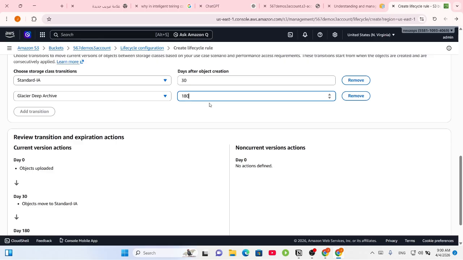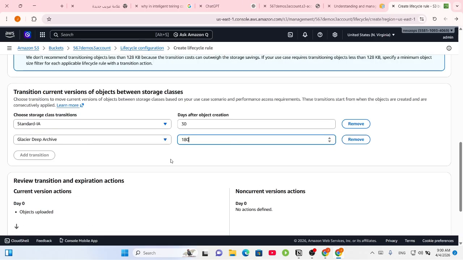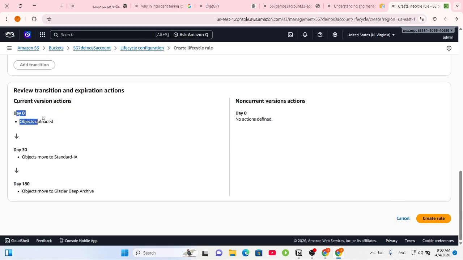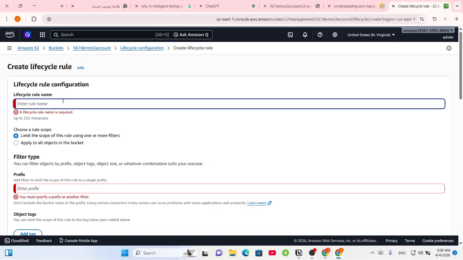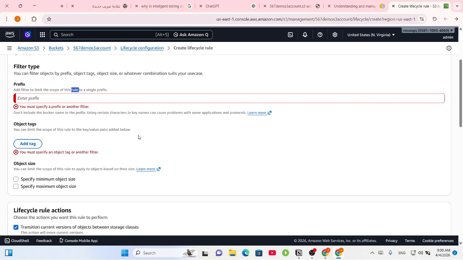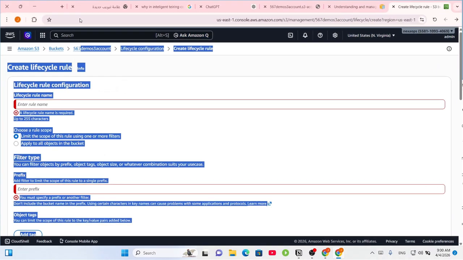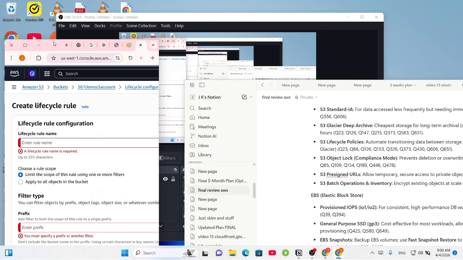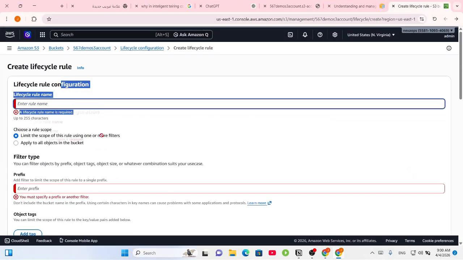Just transfer it directly. And see, it's saying here: day 0 object uploaded, day 30 object moves to standard IA, day 180 object moves to Glacier. So I can just create rules like this, mention the rule name, and that's all. That's how we can configure. This one's pretty straightforward.